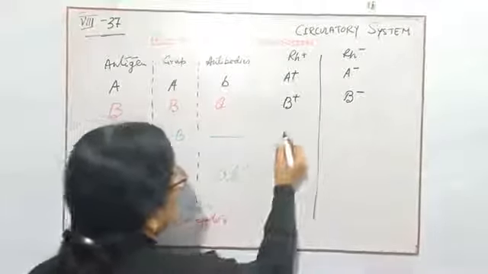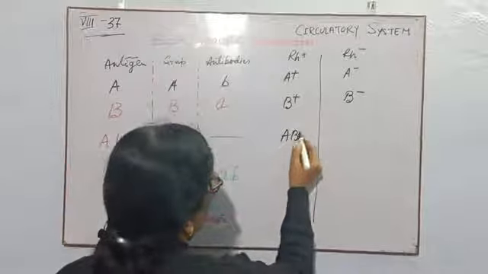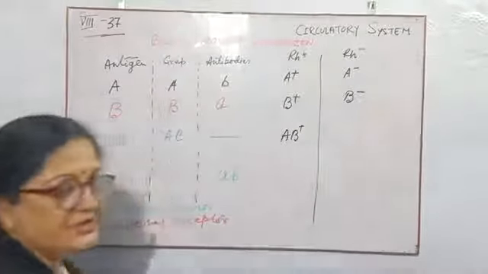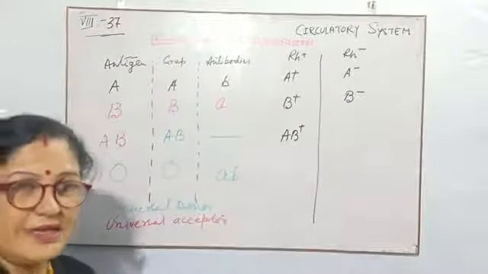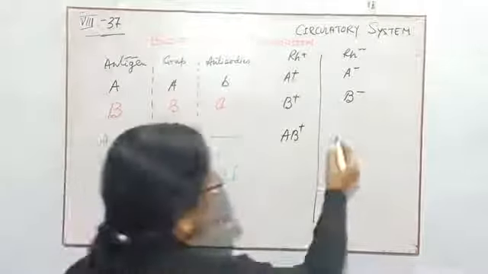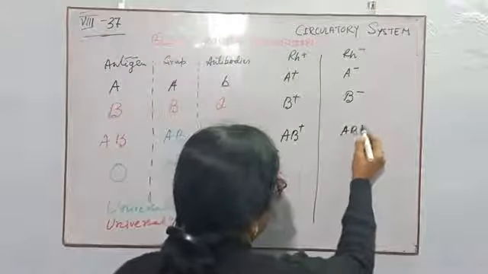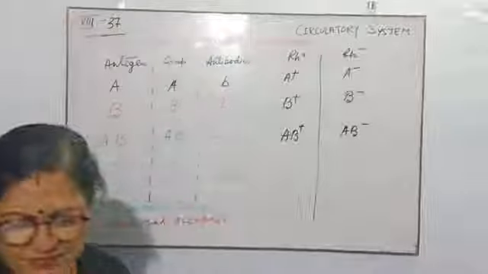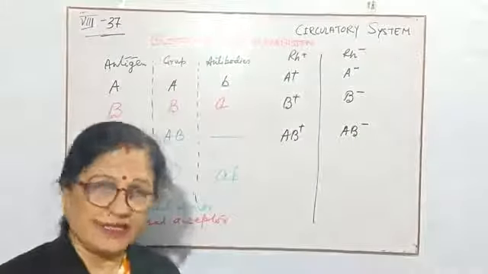Same thing here also. If the blood group is AB and Rh factor is also there, then it is said to be AB positive. And if that Rh factor is not there, then the blood group is said to be AB negative.